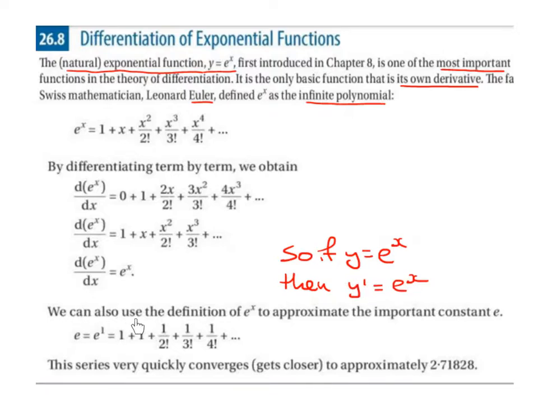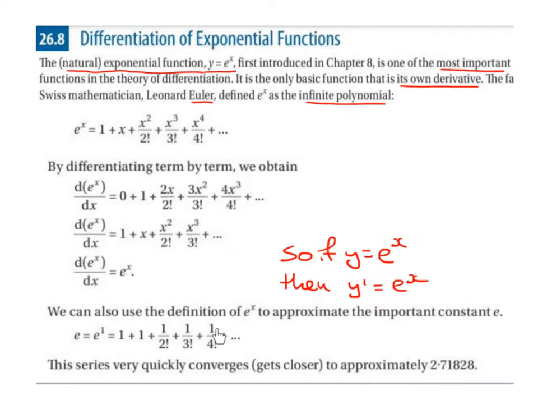We can also use the definition of e to the power of x to approximate the important constant e. So e equals e to the power 1, which equals 1 plus 1 plus 1 over 2 factorial plus 1 over 3 factorial plus 1 over 4 factorial plus ... This series very quickly converges, or gets closer, to approximately 2.71828.